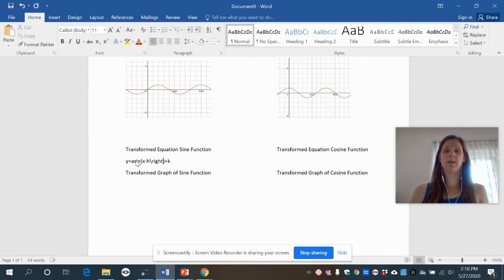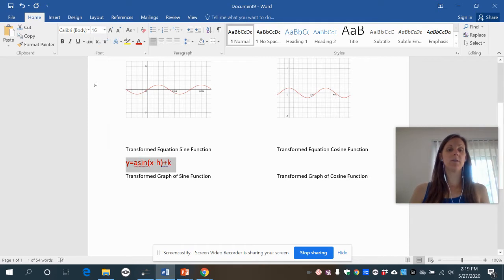I'll again do it in. Okay, there we go. Highlight that in red and I'm going to make it a little bit bigger so you can kind of see it. There we go. Awesome.